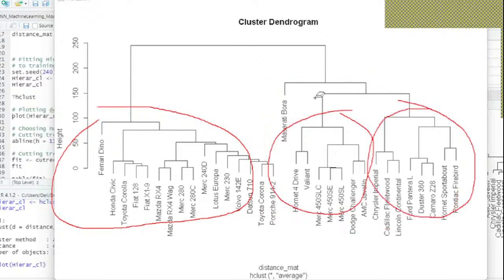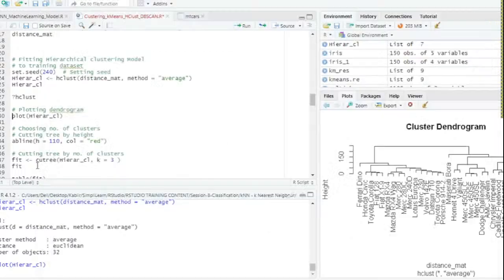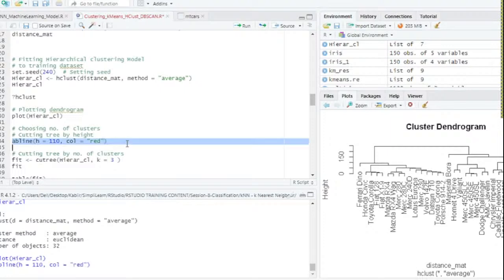So I pass a line from here just to see how many clusters it can comfortably give me at this distance. I pass this AB line at a height of 110 and I put a red color so that it's visible.